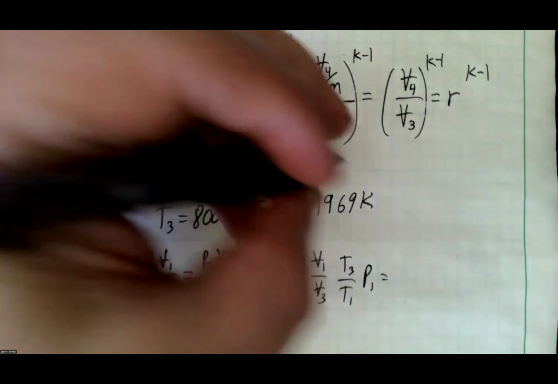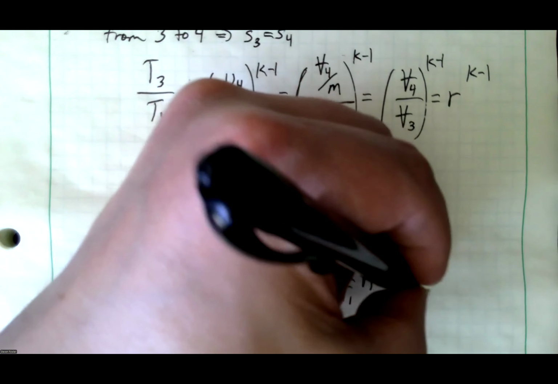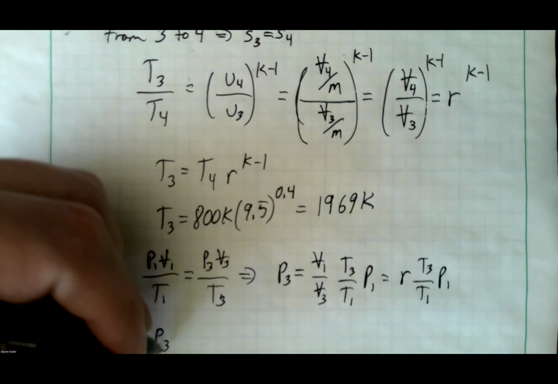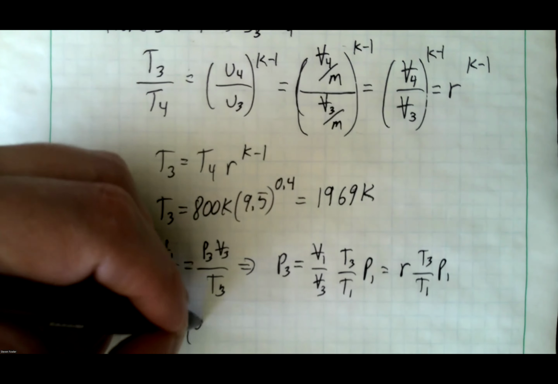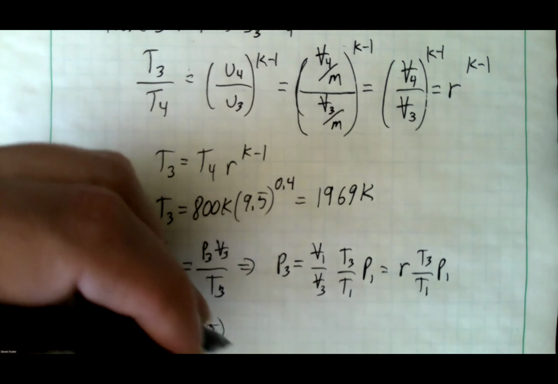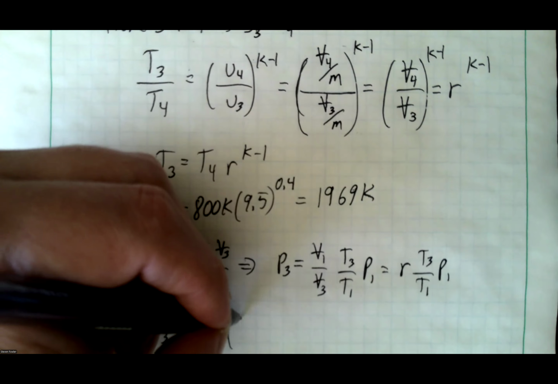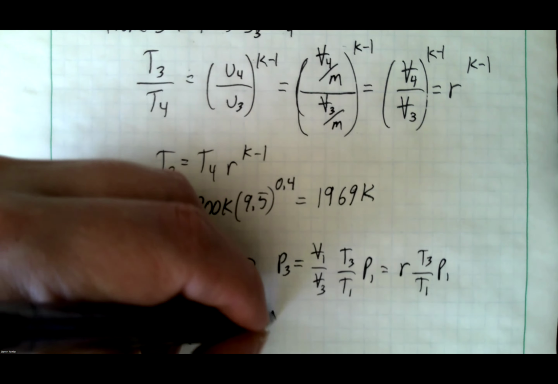And notice that V1 over V3 is the compression ratio. So numerically, to solve it out, P3 is equal to the compression ratio, 9.5, times the ratio of temperatures. T3 is the numerator, 1969 kelvins.